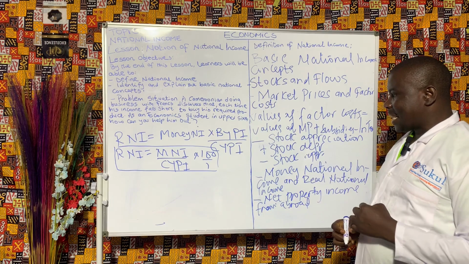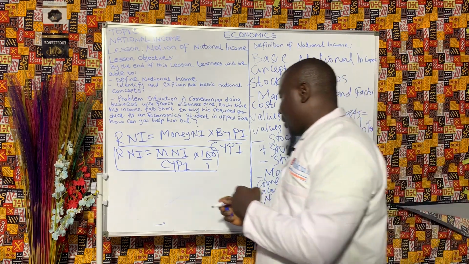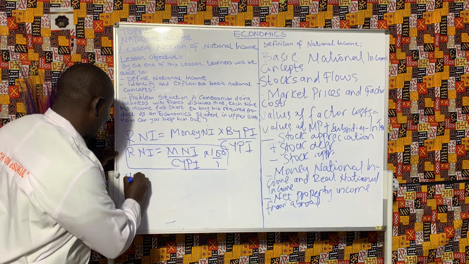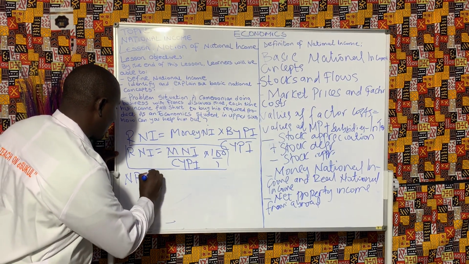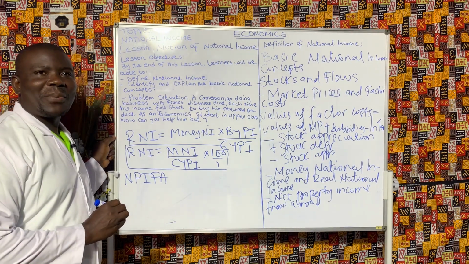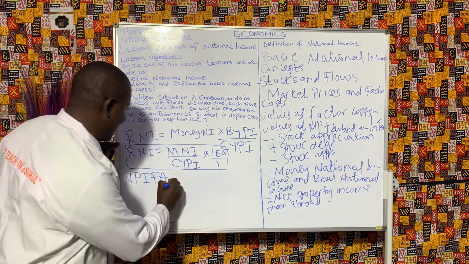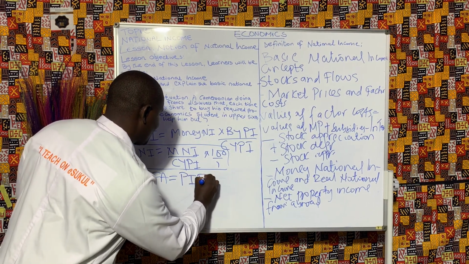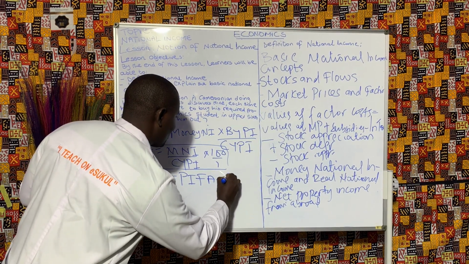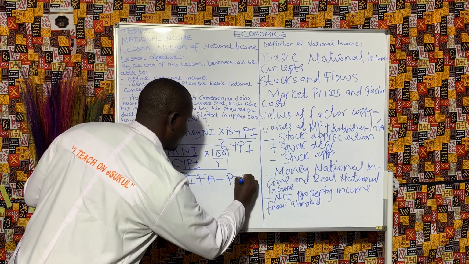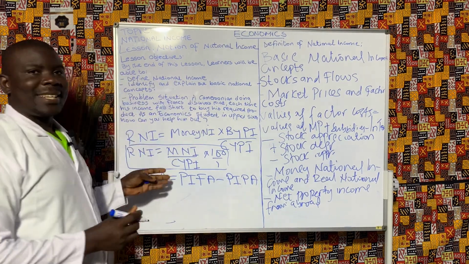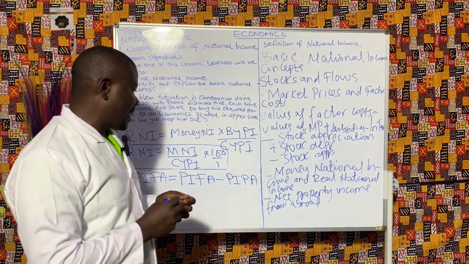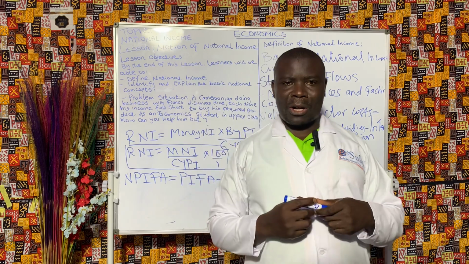So we can get that using the formula: net property income from abroad is property income from abroad minus property income paid abroad.